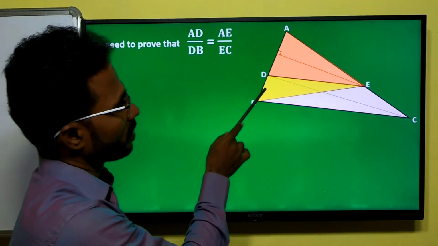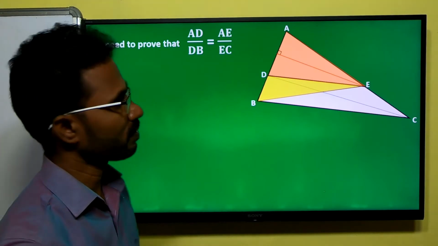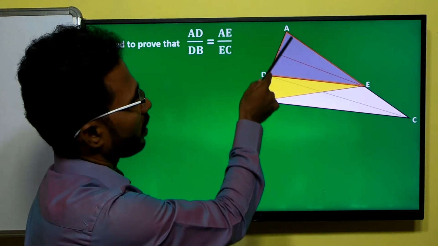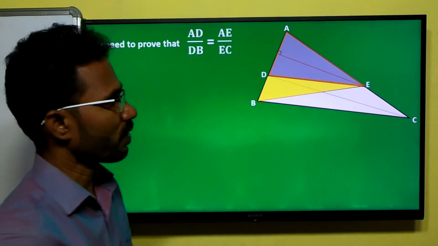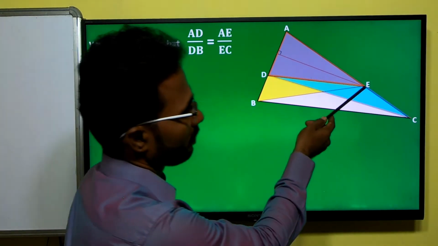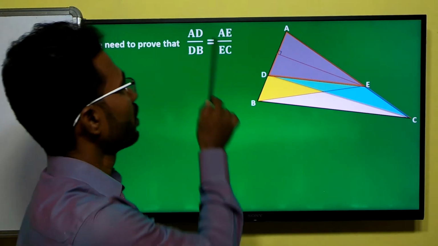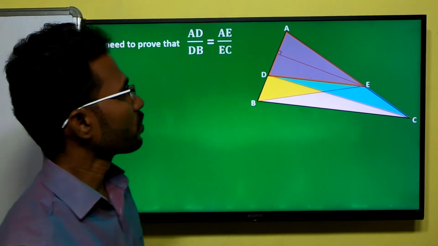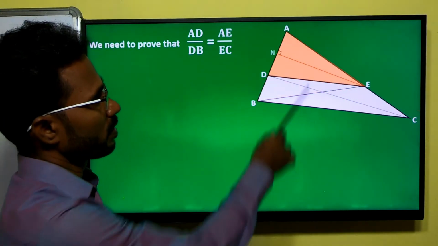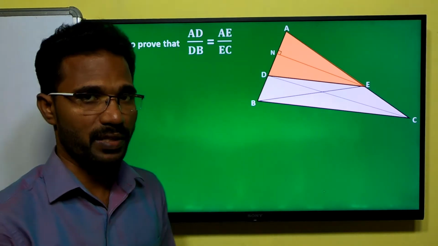Then we consider this triangle where we take DB as the base, and in this triangle we take AE as the base. Finally, for this triangle we consider EC as the base. That's what gives AD upon DB equal to AE upon EC. So we will take the first triangle, where AD is the base.